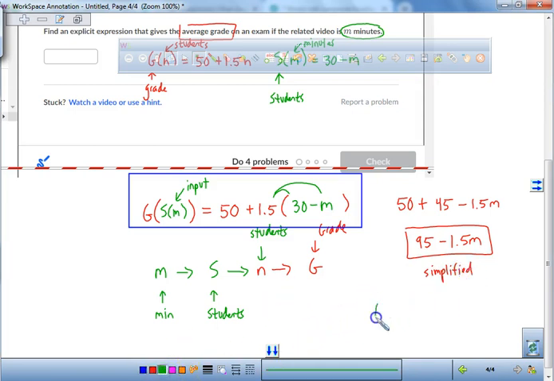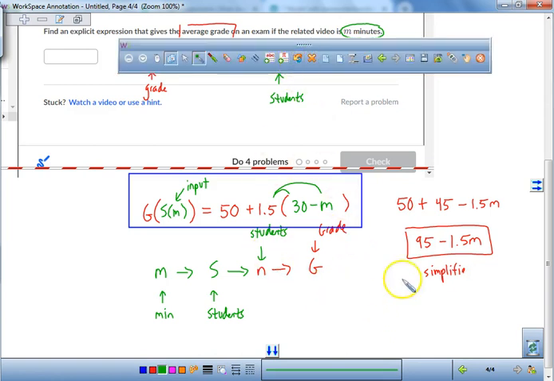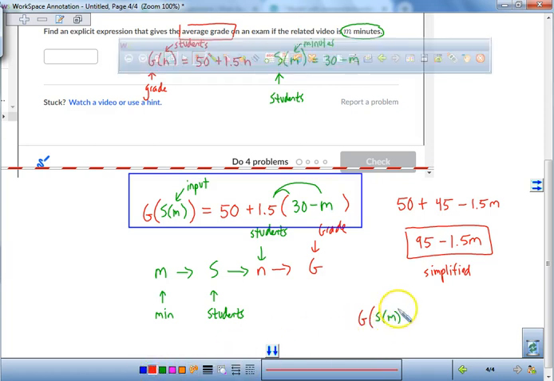We are trying to find G of S of M, and our final simplified expression is 95 minus 1.5 times M, or you could put negative 1.5 M plus 95.